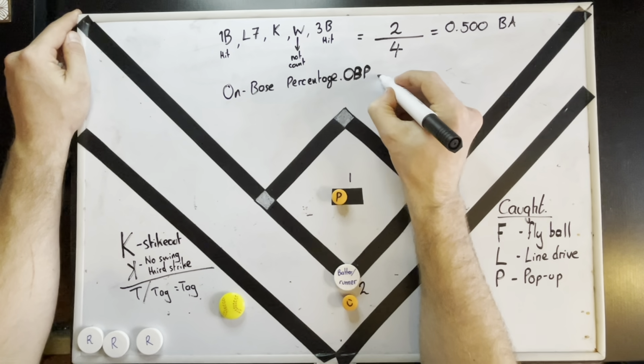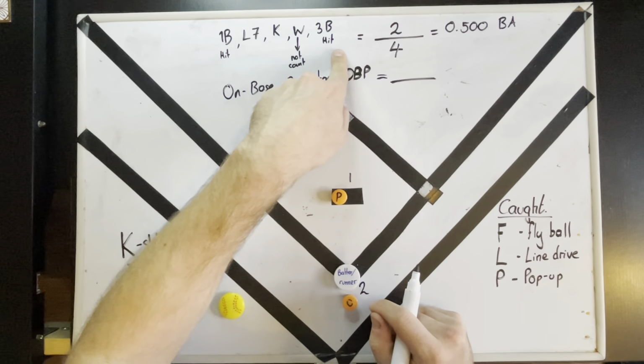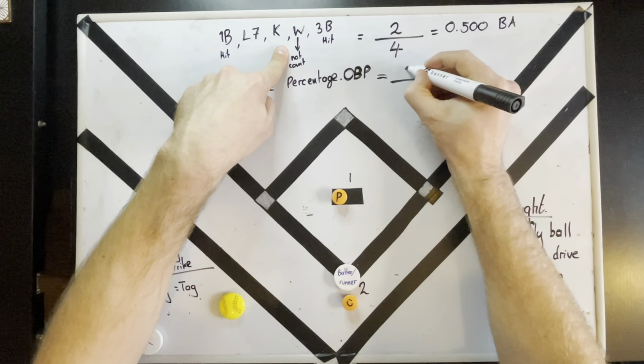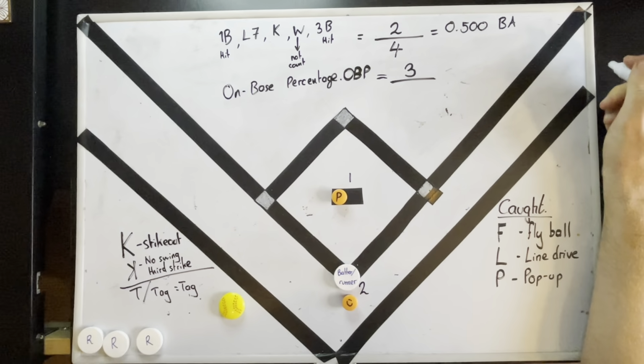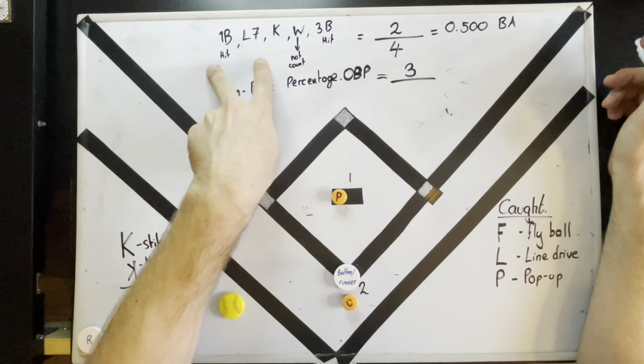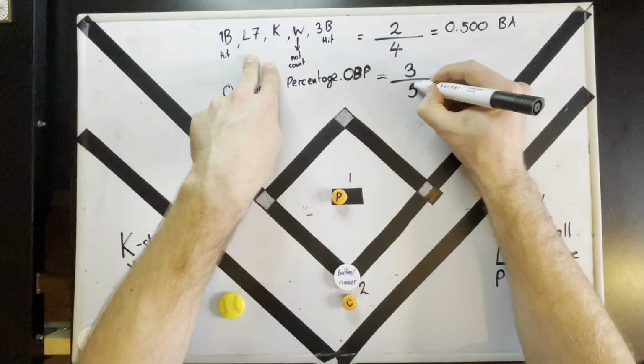So in this case, my on-base percentage would be a hit, and a walk, because I got on base through my walks. In this case, I got 3. How many times did I then attempt to hit the ball, or get a walk? In this case, it would be 5.